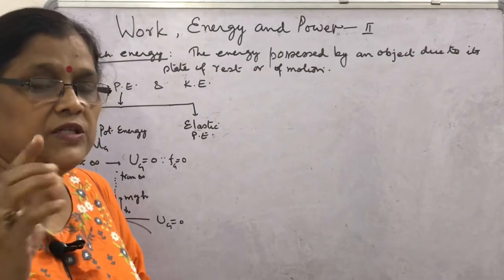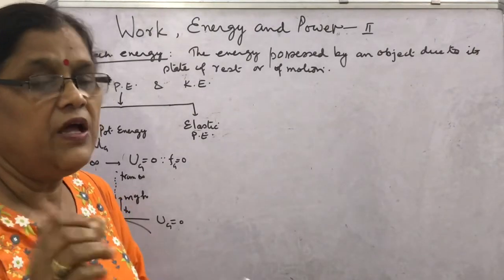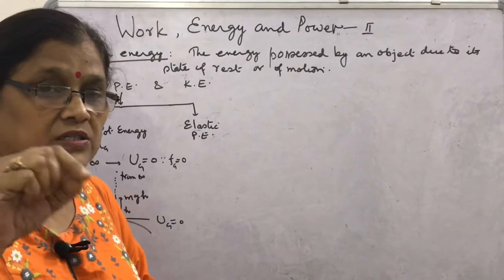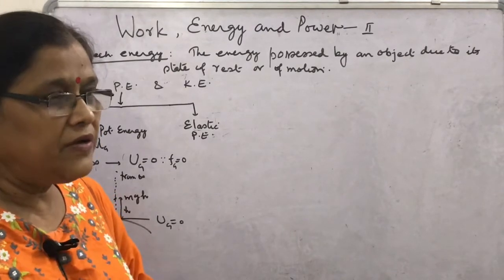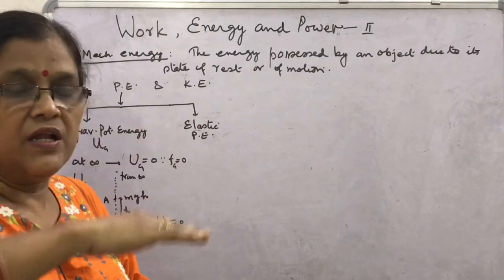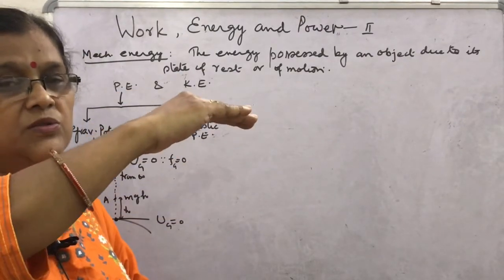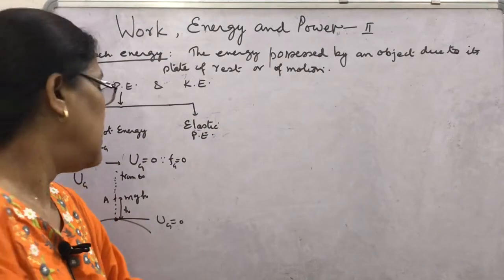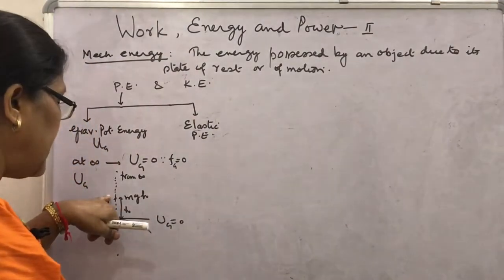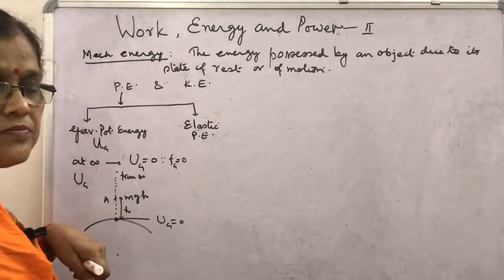Learn always that force of attraction is negative and repulsion is positive. So gravitational potential energy is negative. Whenever from the surface of earth you increase the height, the gravitational potential energy also increases.